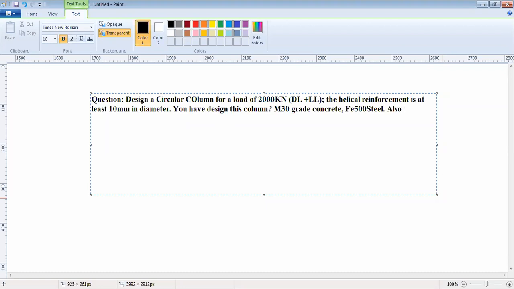Also given to you is that the column is under axial concentric load and has an unsupported length of 3.5 meter.